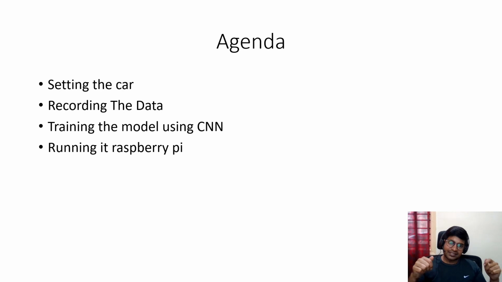So right now the problem is I want to run my robot car but I don't have a car, right? So where can I get the car? I will tell you where you can get the car, but first, as an individual, I would like to spend most of my time on recording the data, training it, and playing with the convolutional neural network rather than doing hard coding at the foundational level.